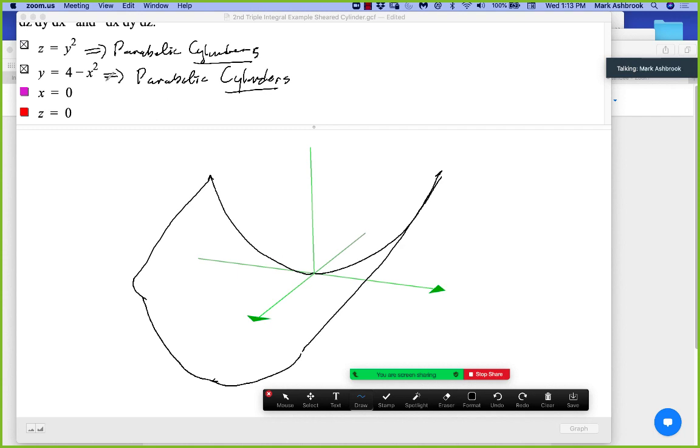And then this parabolic cylinder, y equals 4 minus x squared. I'm going to draw that separately so we can try to figure out what this looks like. So 4 minus x squared has a y-intercept of 4 and opens downward in the y direction like this. It has an intercept up there of 4, and 2, -2.